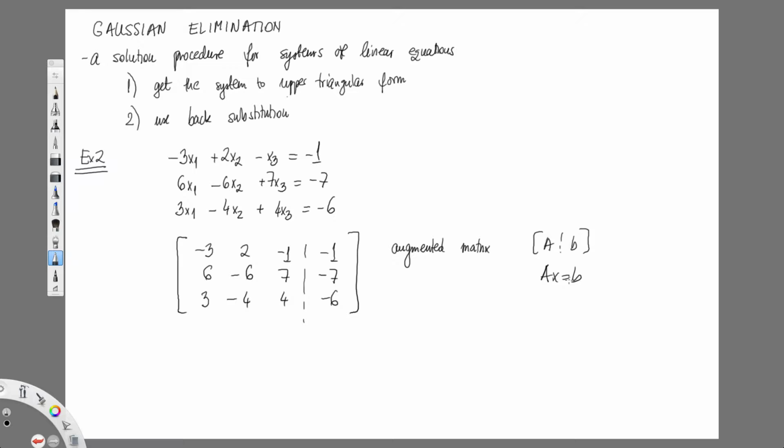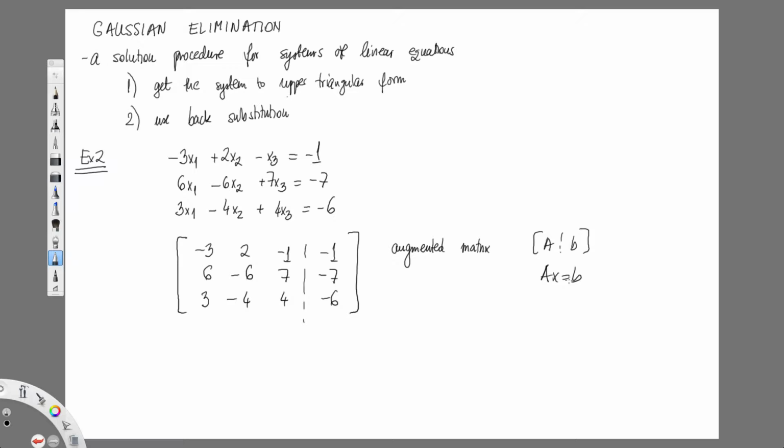So what does it mean for this system to get to upper triangular form? What would I like some of these coefficients to be, and which ones? The 6, 3, negative 4 to be 0. I want to get the system to upper triangular form, so this matrix should be upper triangular, which means that these three should be 0.